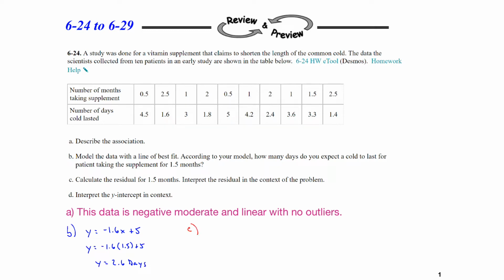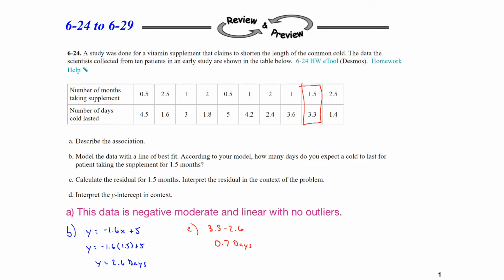On part C, calculate the residual for 1.5 months. Interpret the residual in the context of the problem. So at 1.5, the actual data is 3.3 number of days the cold lasted. So the residual is equal to the actual, which is 3.3, minus the predicted, and then that will give you approximately 0.7 days.